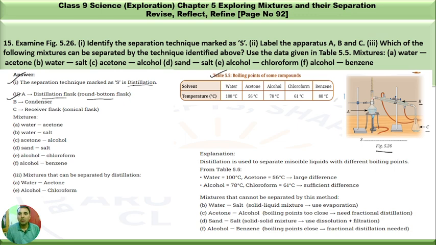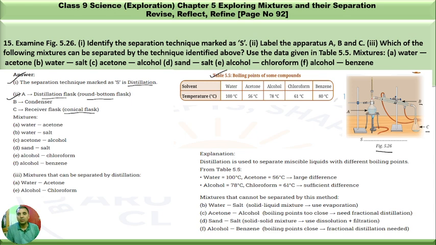On the top of the round bottom flask, a thermometer is properly attached through a rubber cork, and in one part of the rubber cork, a hole is there through which a condenser is connected. The other part of the condenser is opened in a conical flask where it will receive the vapors in the form of liquid, and this condenser is connected to two pipes.